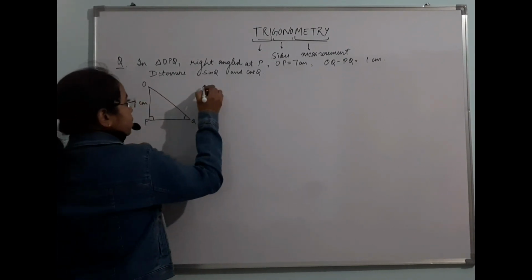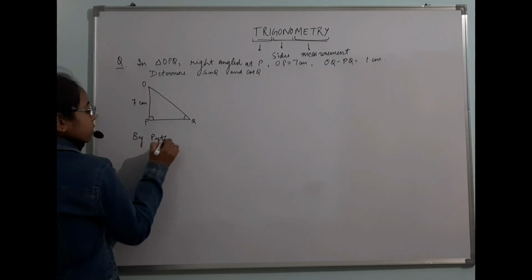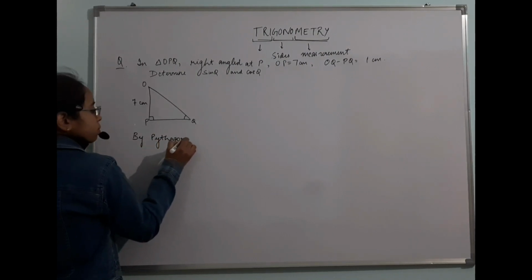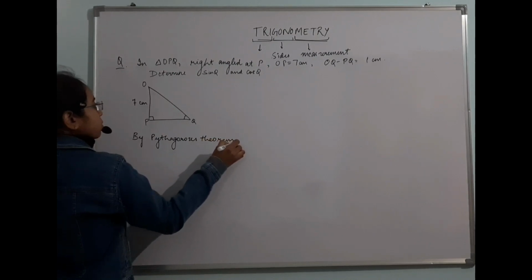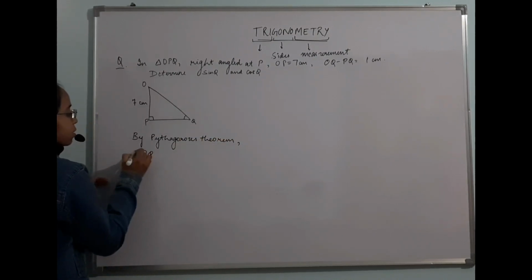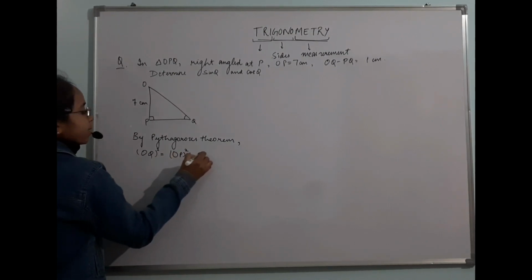Simply by Pythagoras theorem, we can find them. So by Pythagoras theorem, hypotenuse square is equal to the sum of squares of the other two sides.